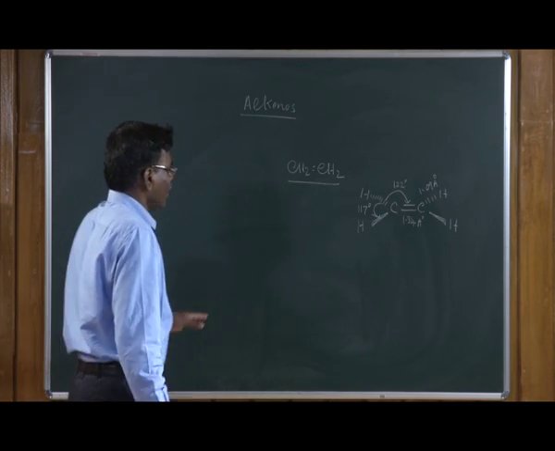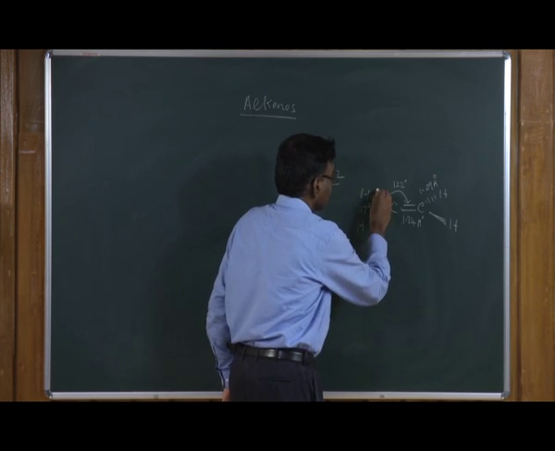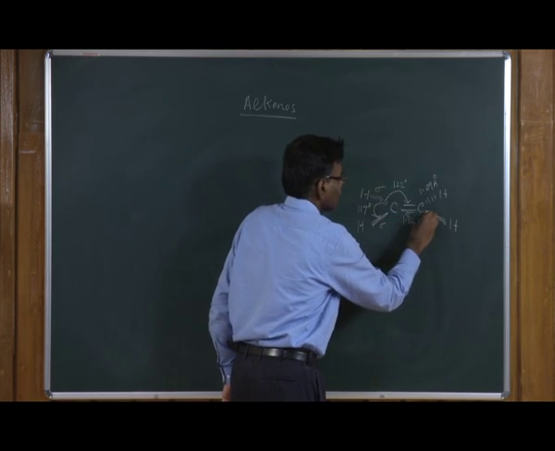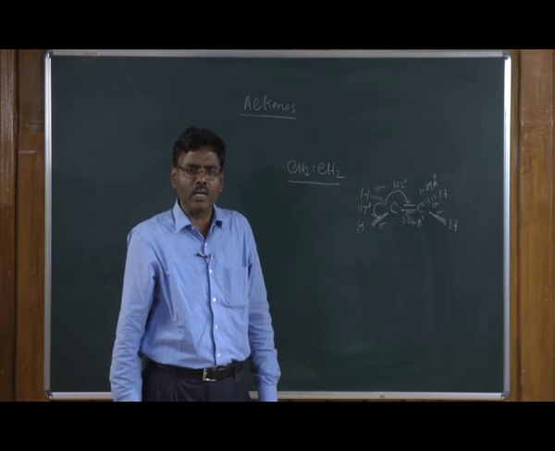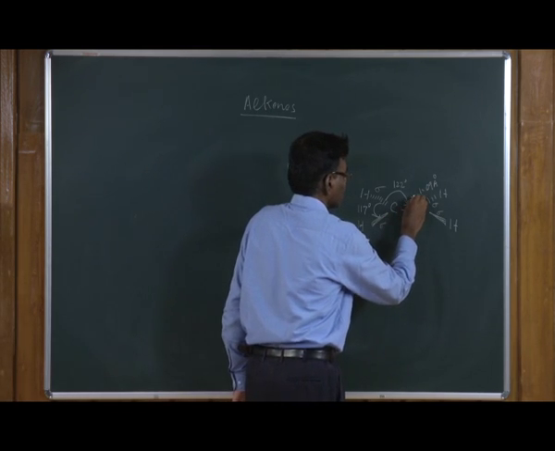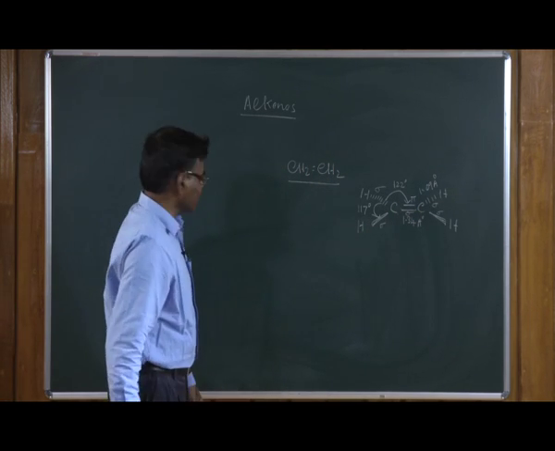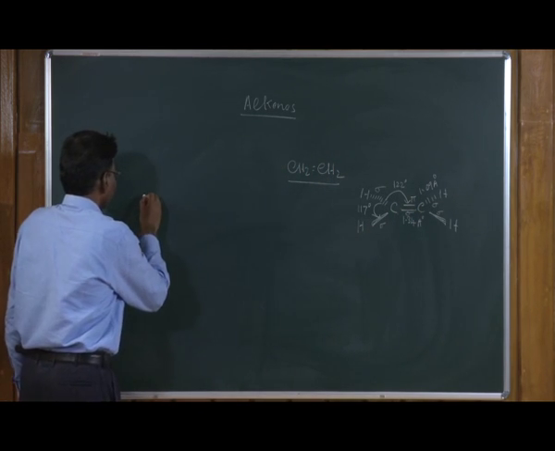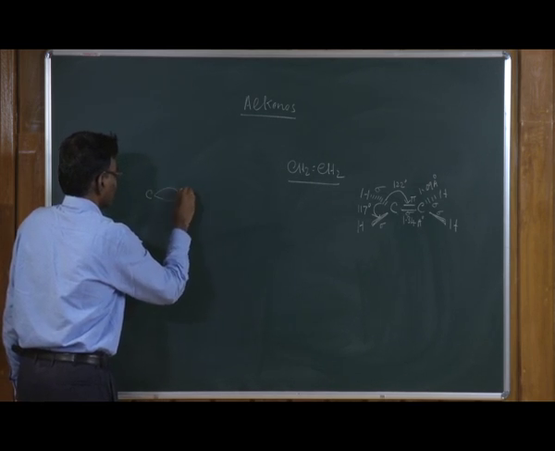So, if you look at this compound, it has 5 sigma bonds. You have 1 carbon-carbon sigma bond, 4 carbon-hydrogen sigma bonds. In addition to that, we have 1 pi bond. So, the sigma bond formation takes place by overlapping of the sp2 hybrid orbital of carbon with another carbon.